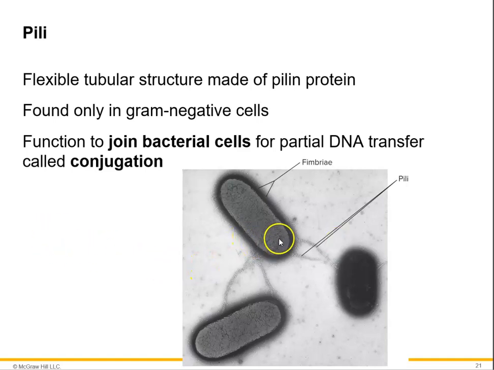So you can see here, here's one cell, here's another cell, and you can see a pilus coming out and extending between the cells. Here, this sort of hazy, dark area halo around the cell is actually tons of tiny little hair-like bristles, which we call fimbriae.